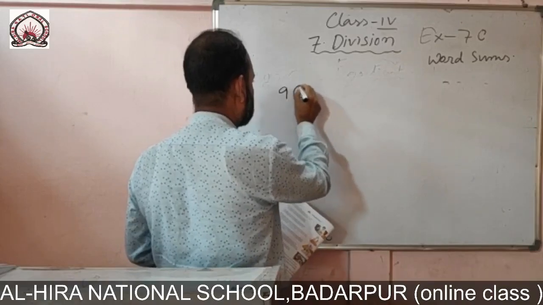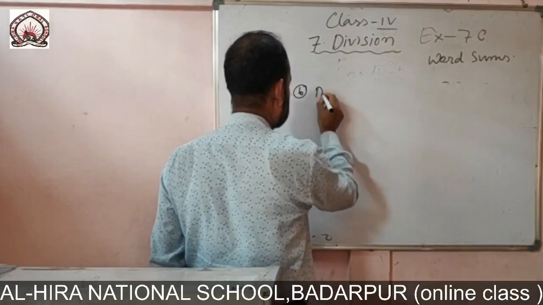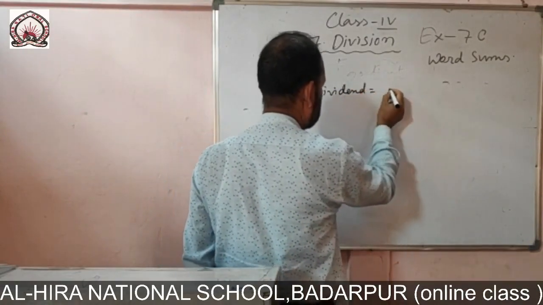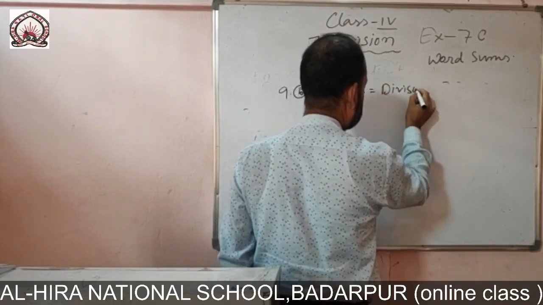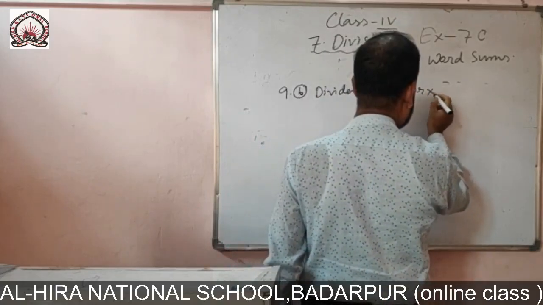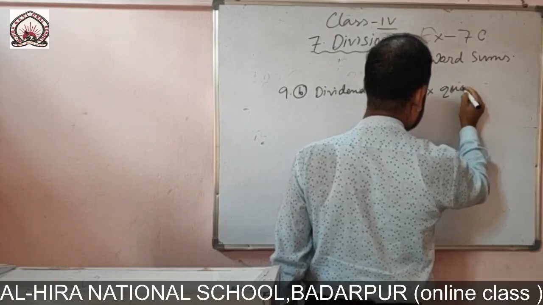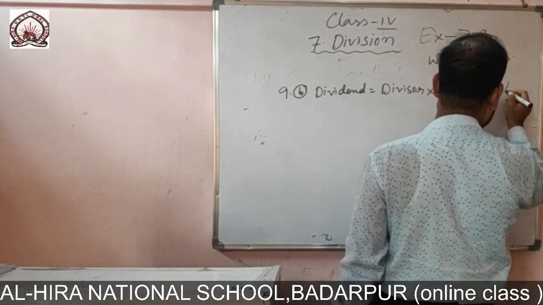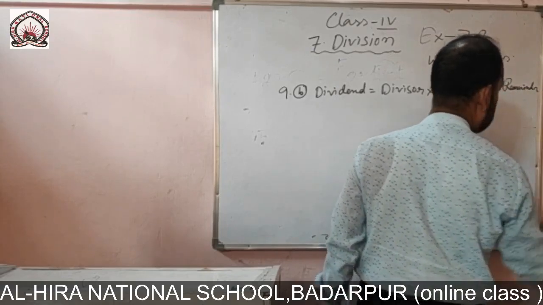9b. We know the formula: dividend equal to divisor into quotient plus remainder.